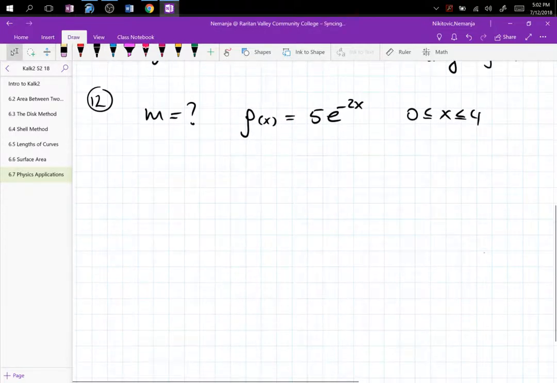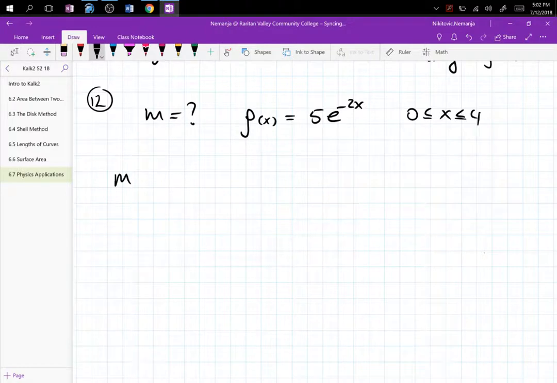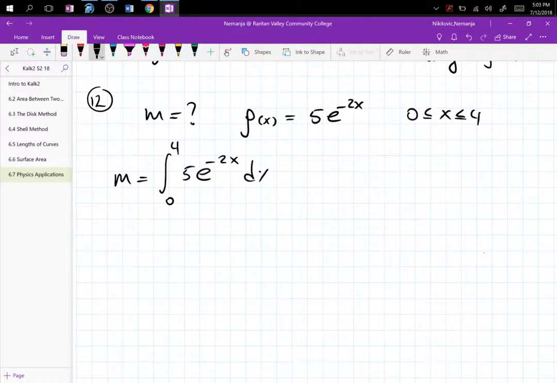So all we need to do is feed this into the integral, compute the integral, and call it a day. Mass equals the integral from 0 to 4 of 5e to the negative 2x dx. The integral is negative 5 halves e to the negative 2x computed from 0 to 4.